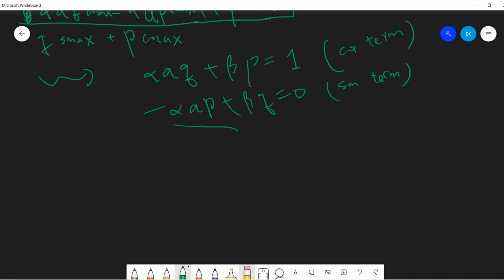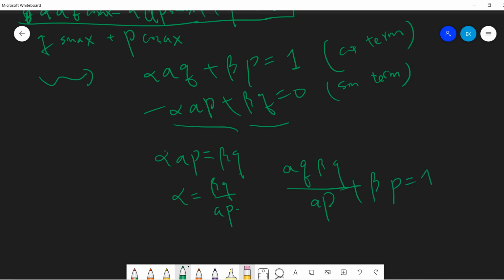So I can write this as alpha a p equals beta q. So I want to solve for alpha, right? So alpha is beta q divided by a p. So I put in here, so basically it's a q times beta q over a p plus beta p equals 1.